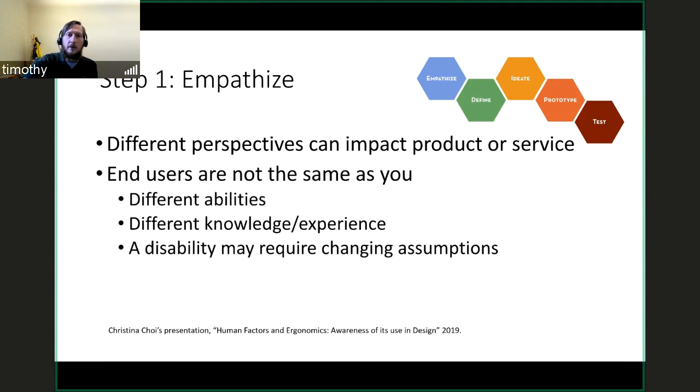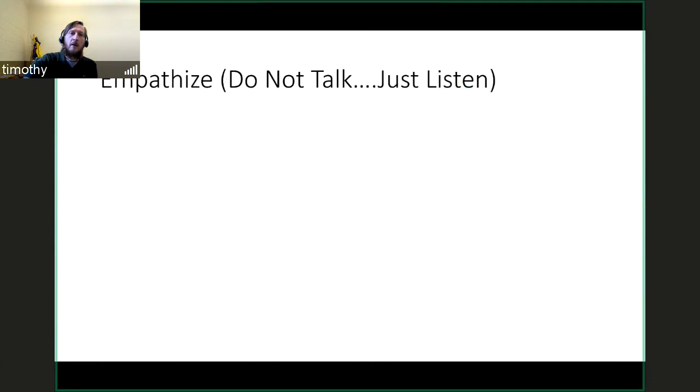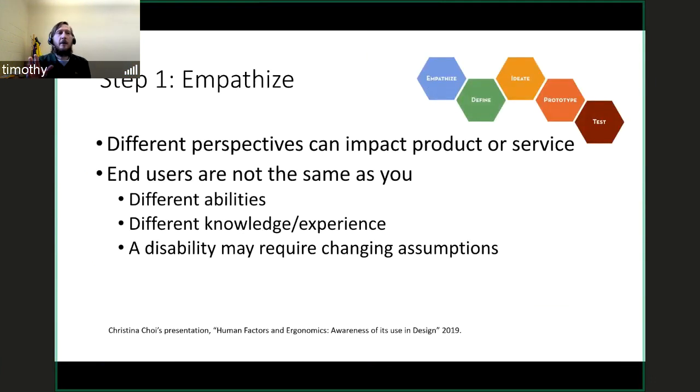End users are not the same as you. Different abilities, different knowledge, experience. A disabled person may require changing assumptions. A lot of times when we're coming at a product from a design perspective, we as the engineers, as the designers, really want to be able to see inside it, to understand what's going on.